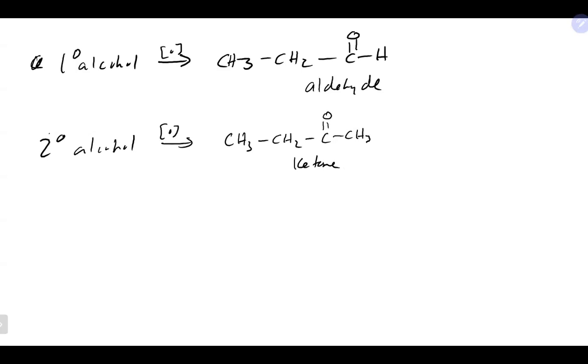You can continue to oxidize the aldehyde one more time. And when you oxidize the aldehyde one more time, it's actually going to gain oxygen. So we're not going to lose hydrogen here, but we're actually going to gain oxygen.